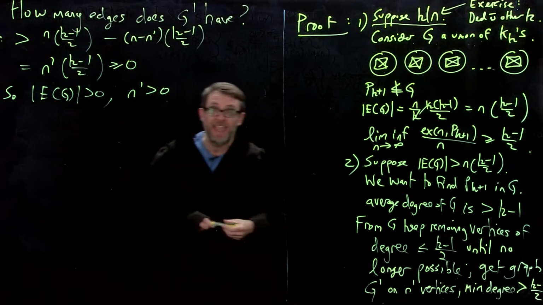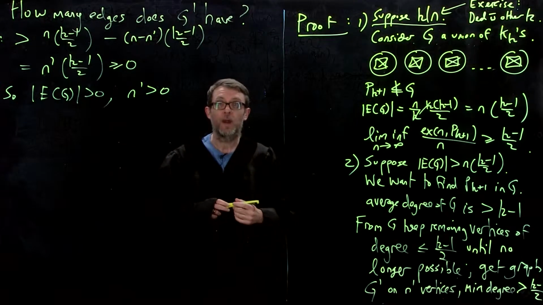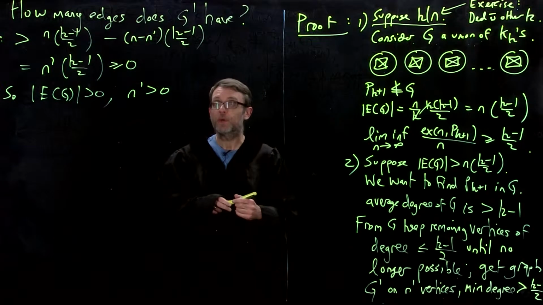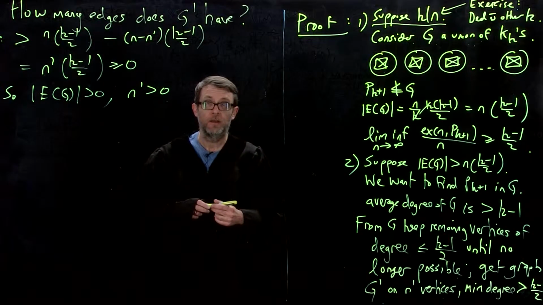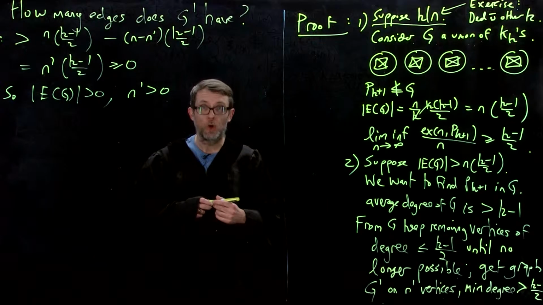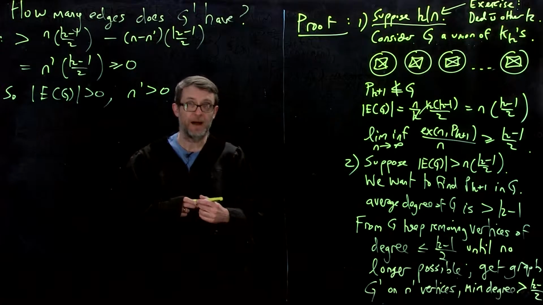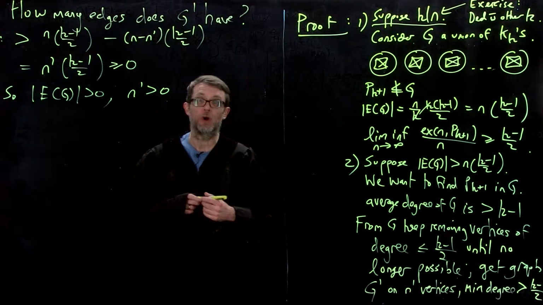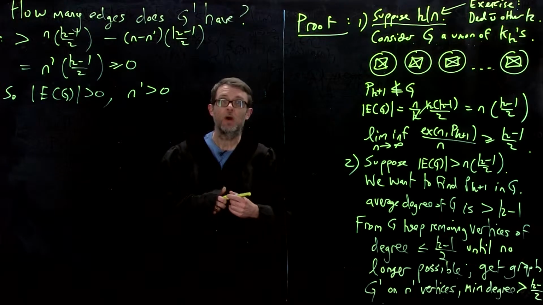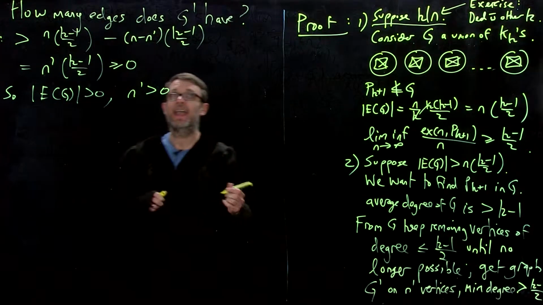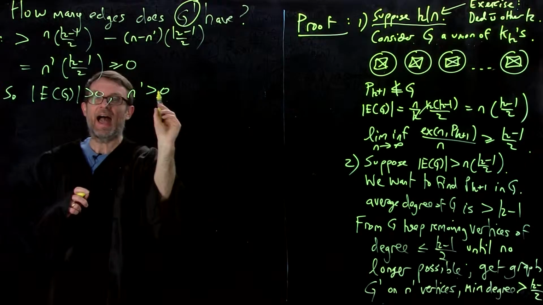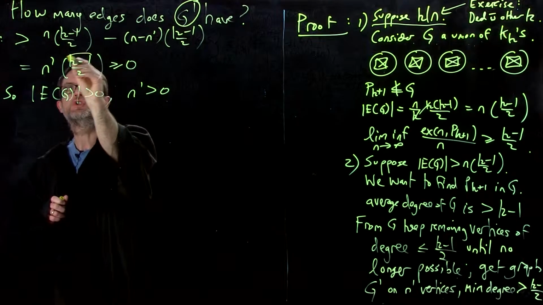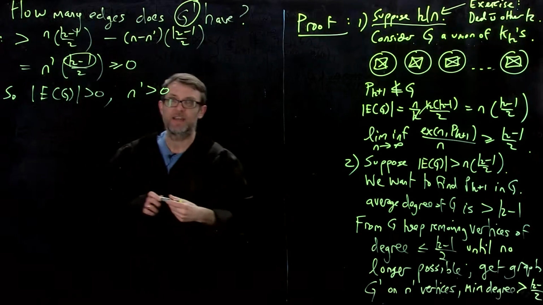So what I've done is I've taken a graph where the average degree is bigger than k minus 1, but there might be some low degree vertices. And simply by deleting one after the other all of the low degree vertices, what I have obtained is a new graph G prime, which still has average degree strictly bigger than k minus 1.